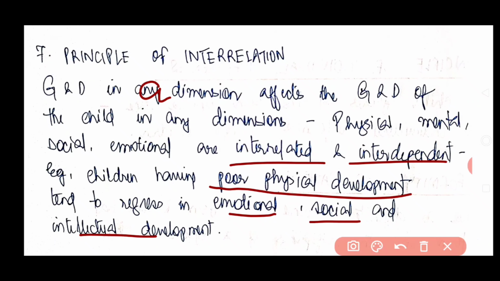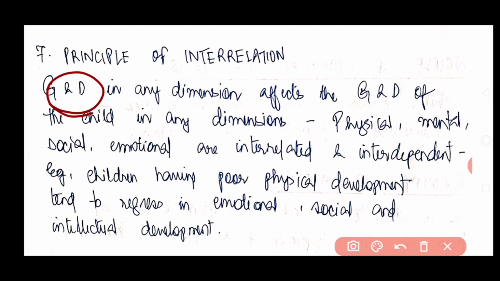When one dimension is affected, that tends to affect the remaining dimensions of growth and development of the child. Again, children with above average intelligence are generally found to possess above average physical and social development. That means growth and development follow the principle of interrelation.